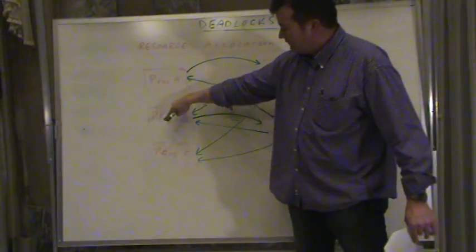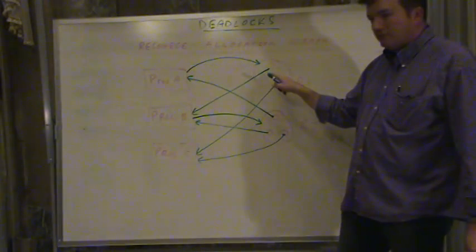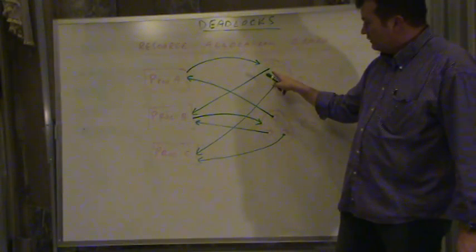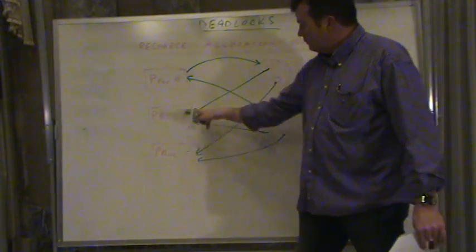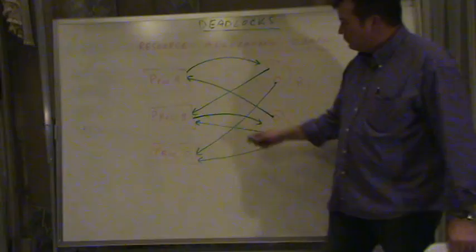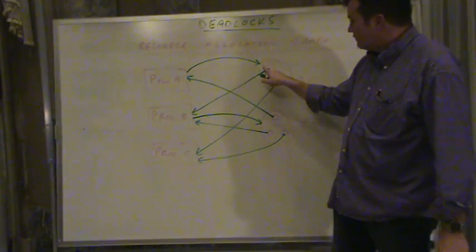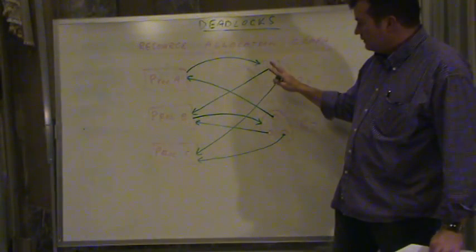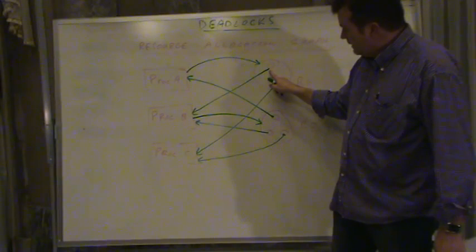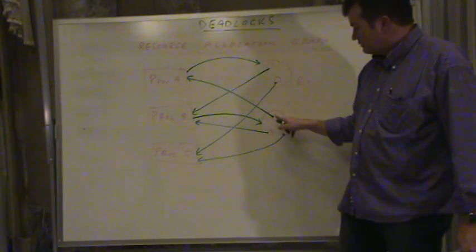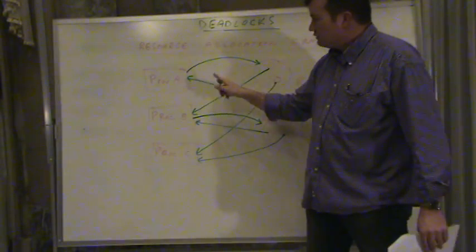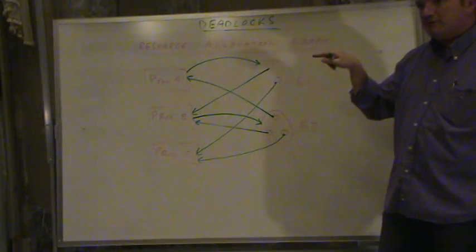So a process can't be asking for another process. A process can only be asking for a resource, and a resource can only be assigned to processes. So the arrows go back and forth, but in order for there to be a loop, we would need something like A is requesting resource 1, which is not available. Resource 1 has been assigned to B. B is requesting 2, which is not available, and resource 2 has been assigned back to A. So there would have to be a loop somewhere in this graph.